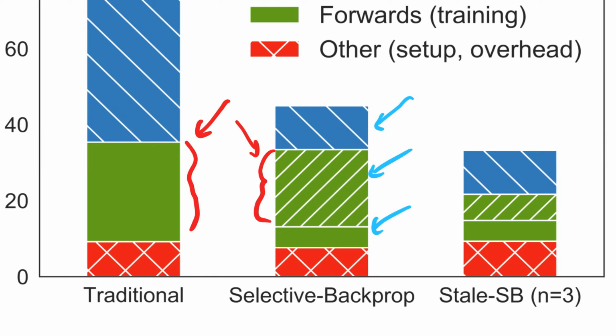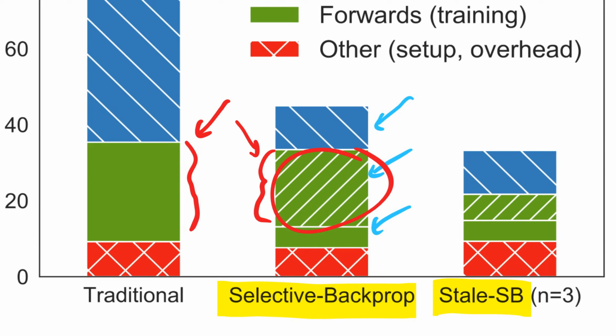All right, then they have another improvement over their algorithm called stale selective-backprop. So this is called selective-backprop. They have stale selective-backprop. What stale selective-backprop does is it says, well, we might not always need this forward pass, right?